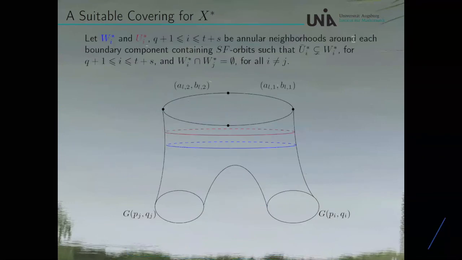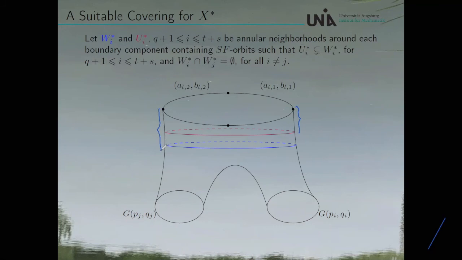Then around those boundary components where I have singular fixed points, I consider two neighborhoods. One of them is U_i star, which is the smaller one, and then W_i star. Note that this W_i star shouldn't intersect.